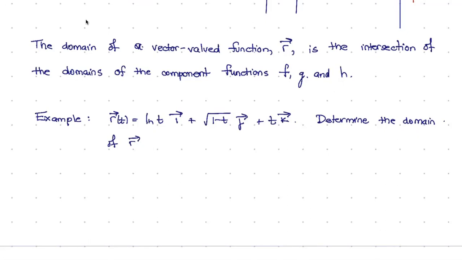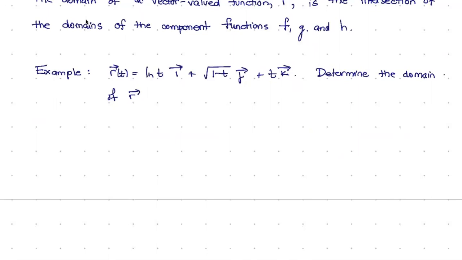This is going to require us to find where each of the functions is continuous and to consider each one separately. For example, if we have f of t equal to the natural log of t, this is going to have a domain of 0 to infinity, not including 0 because the natural log of 0 is undefined.